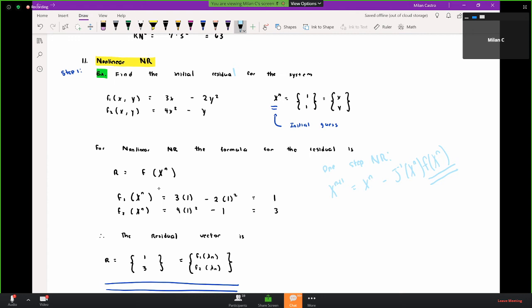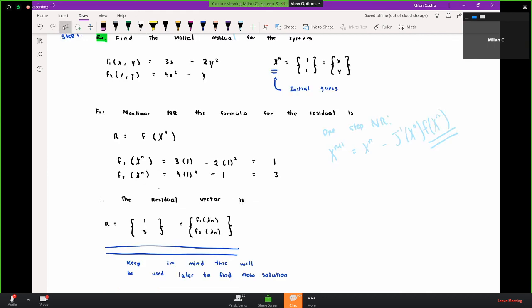We're just going to do our actual equations that we were given. We're just plugging in our initial guesses and we end up getting 3 times 1 minus 2 times 1 squared, which is equal to 1. And then we're going to plug in our initial guesses into our second equation, which gives us 3. So now that we know this, we know what f1(x_n) and f2(x_n) are.